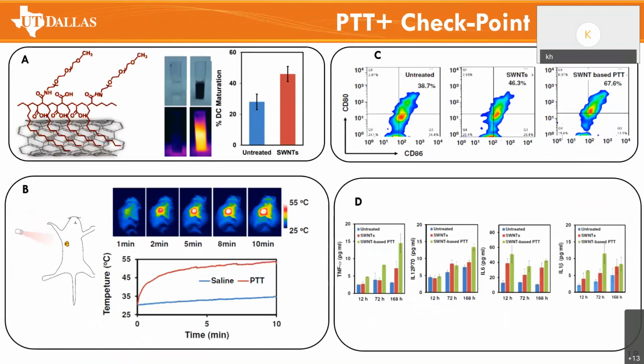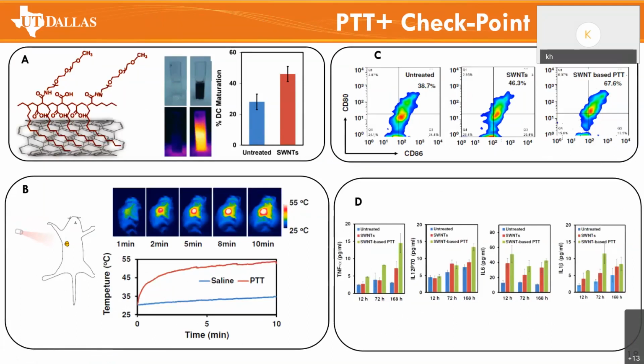Here is the next example. This is a combination of PTT and an anti-CTLA-4 checkpoint inhibitor, whose mechanism I explained before. In this work, they use PEGylated single-wall carbon nanotubes with 200 nanometer length as a photothermal agent that has a strong absorbance in the near-infrared region, so it can generate heat after laser radiation.